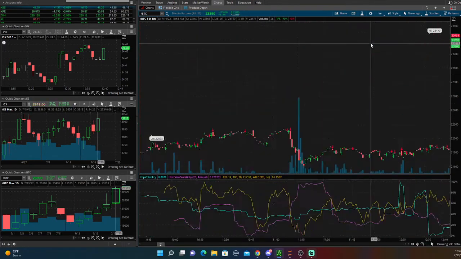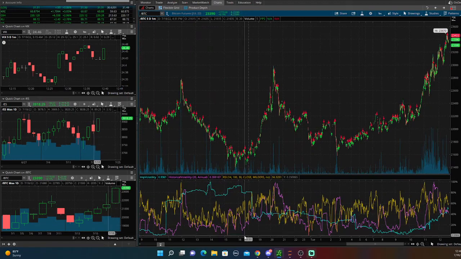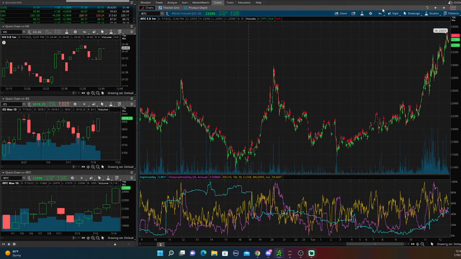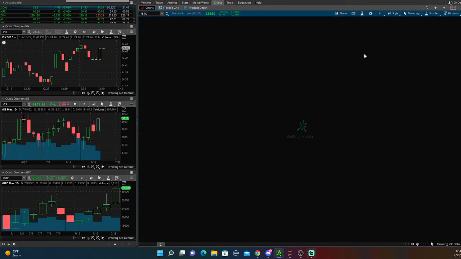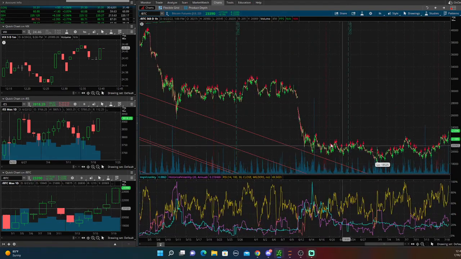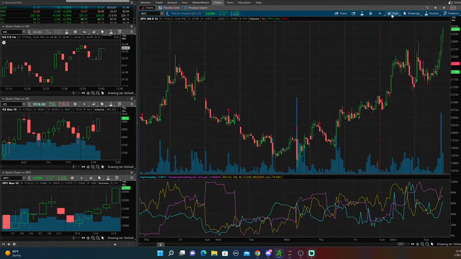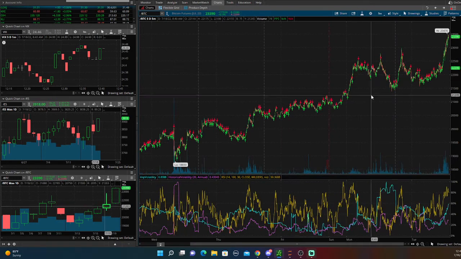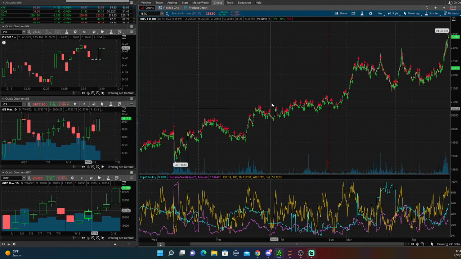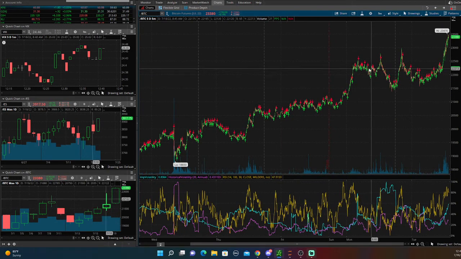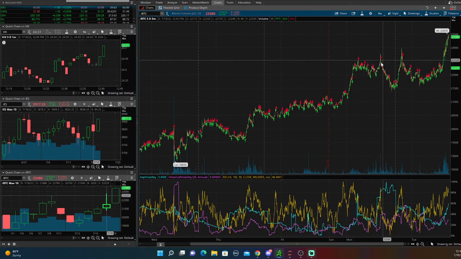But we did have a pin situation for the past couple of sessions at least. Basically from about Monday, we saw that pin. See that? Around 22,000.